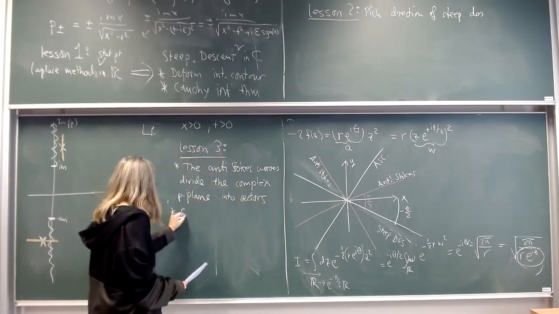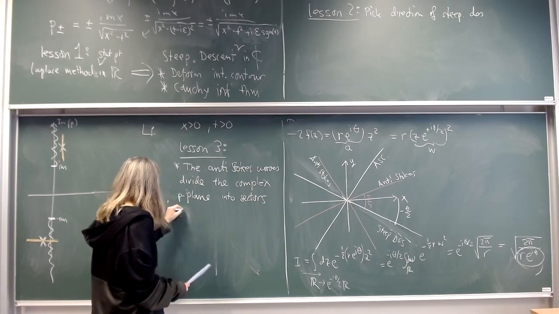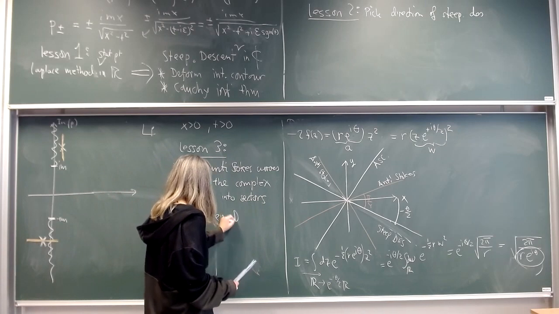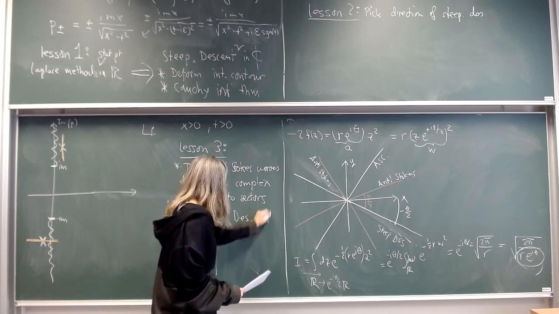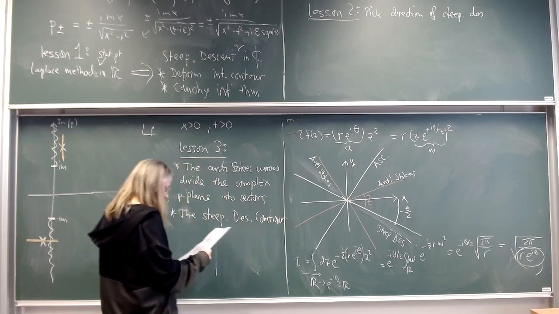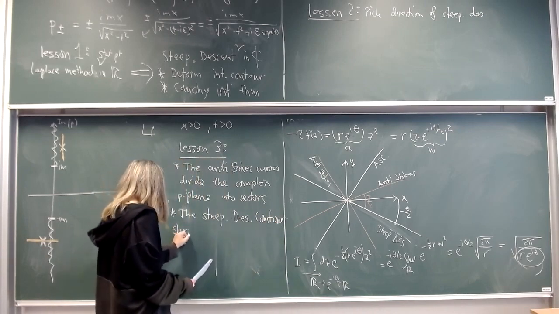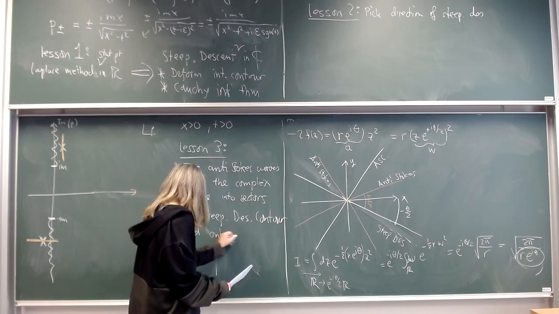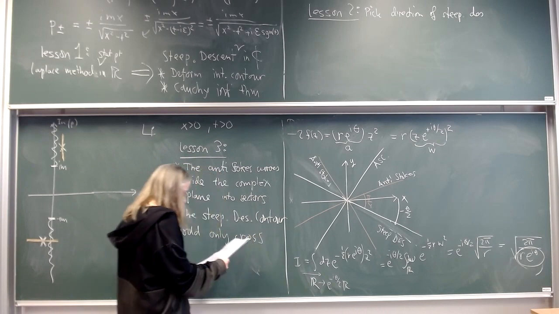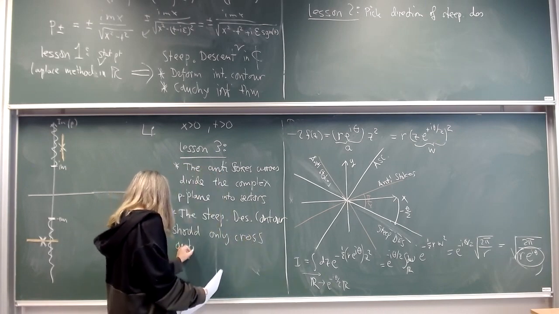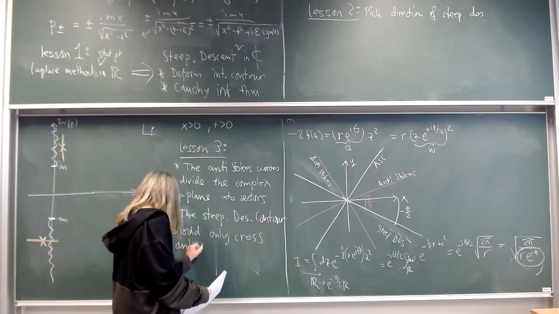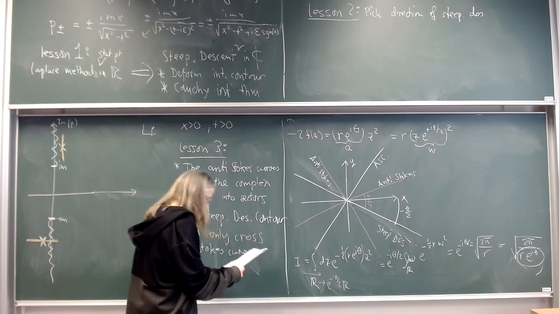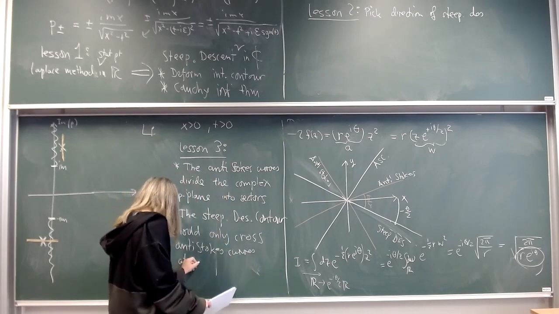The steepest descent contour should only cross anti-Stokes curves at stationary points.